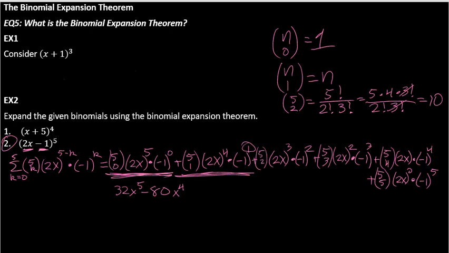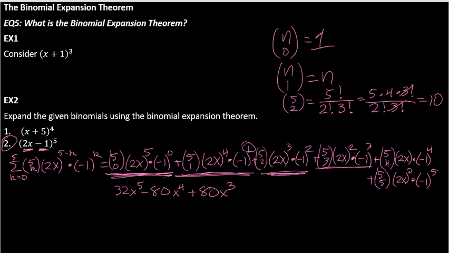So 5 choose 2 is 10. So we're going to say plus 10, right? Because this negative 1 is to an even power. And this is going to be 8x to the third. So 8x to the third times 10, that's going to give me 80x to the third.